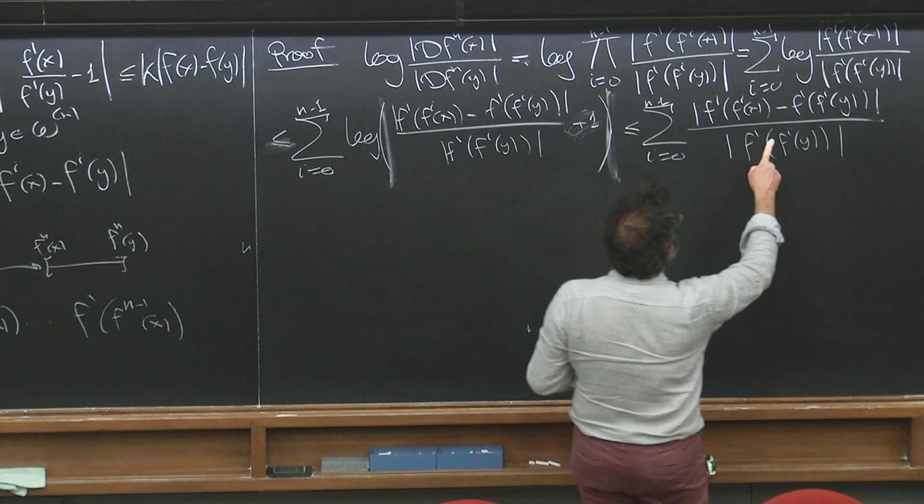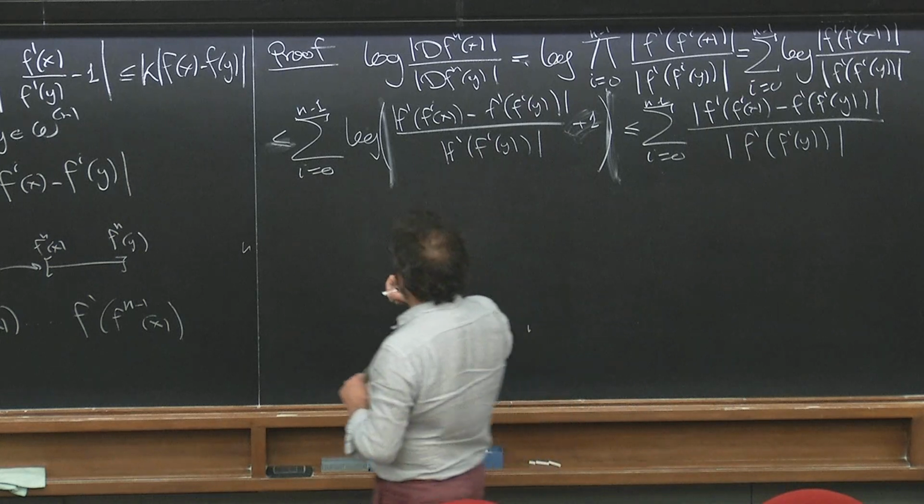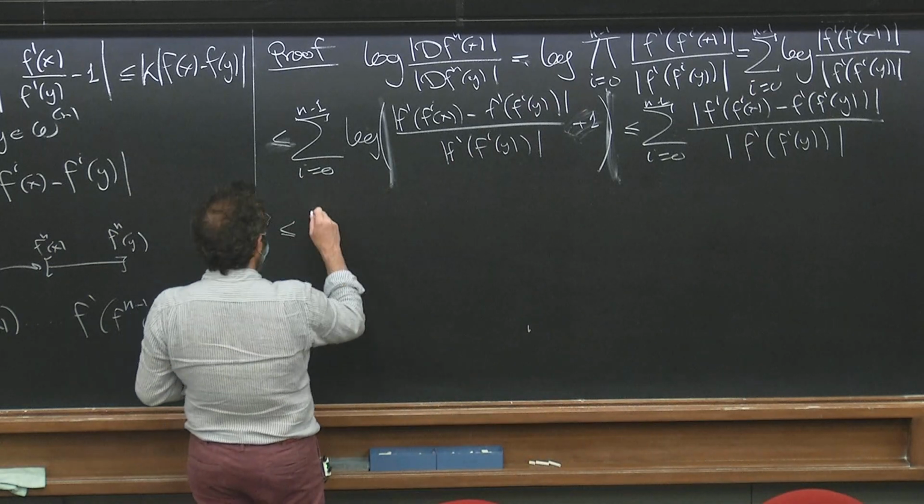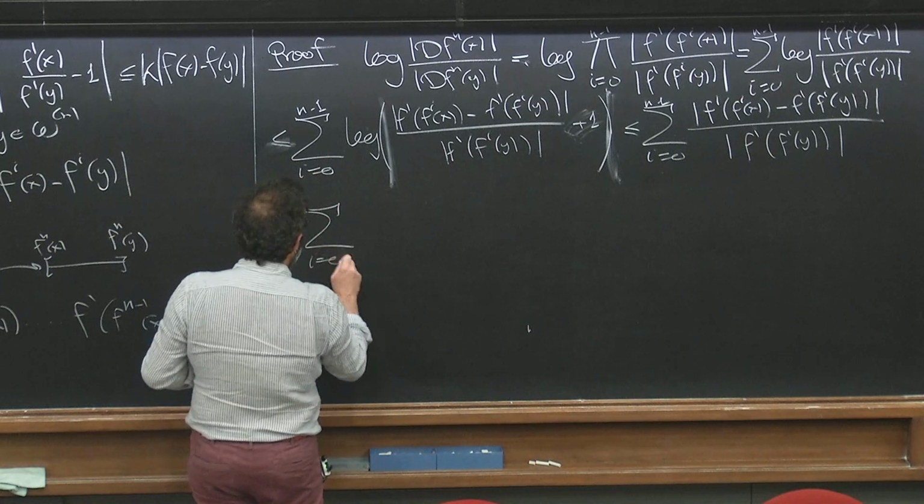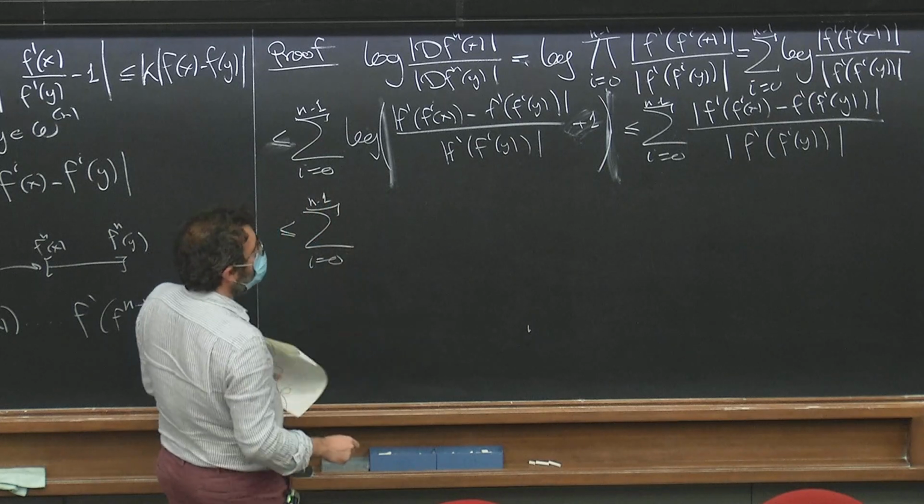And this we can write as less than or equal to the sum i equals 0 to n minus 1.